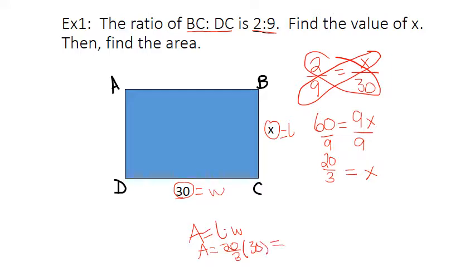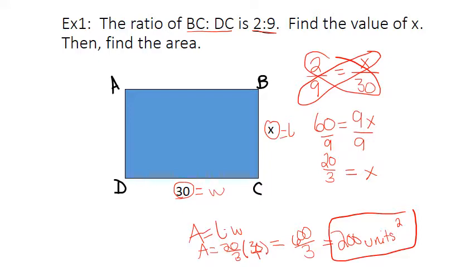When we multiply fractions, we multiply top times top over bottom times bottom, and 30 is the same thing as 30 over 1. So A is equal to 20 times 30, which is 600, divided by 3, which is 200. And don't forget your labels, so units squared, because we're talking about area.